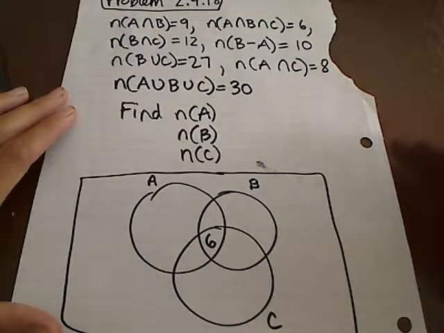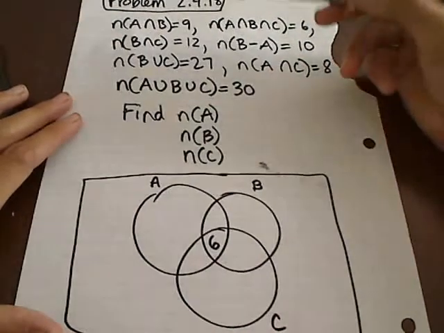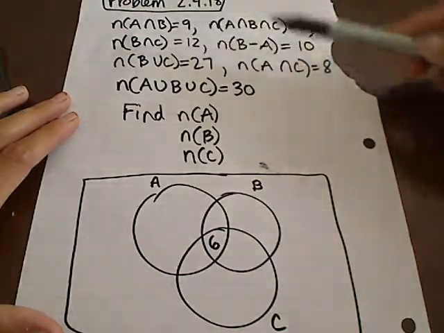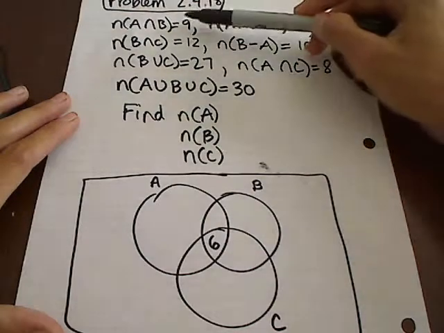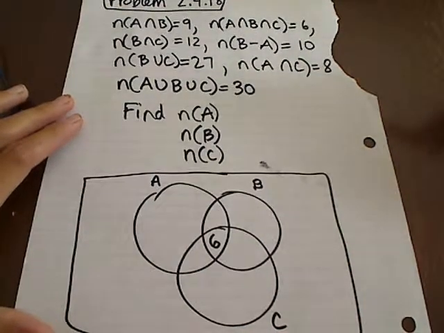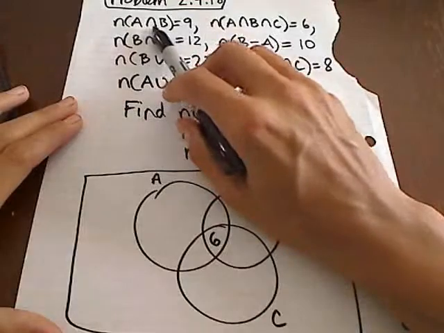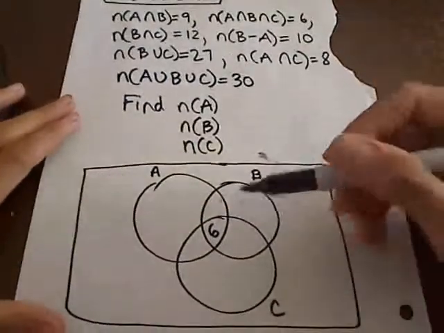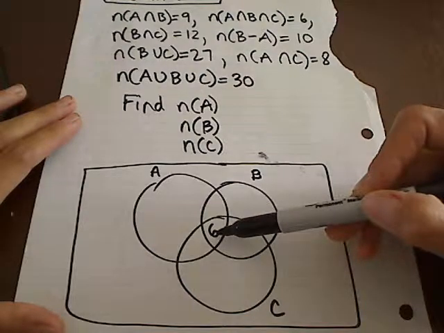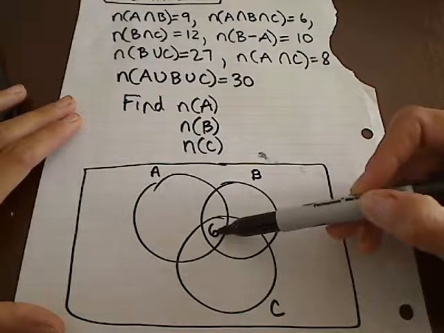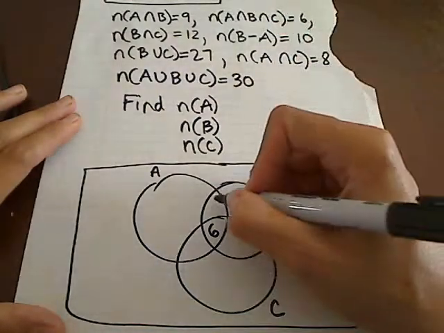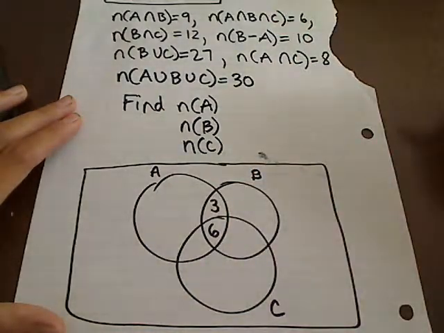And then the next thing we want to do is work with both of these intersections and also this intersection. If I take a look at A intersect B, the region of A intersect B is both this region and this region. There's already 6 elements in the intersection, and there's supposed to be a total of 9, so there has to be 3 elements in that part.